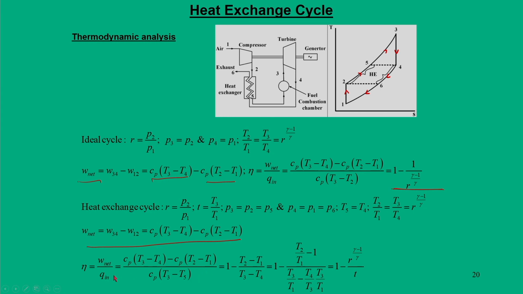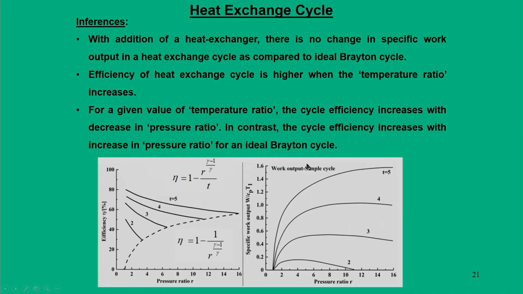And finally, when you calculate the cycle efficiency, it is now a function of R and T, whereas in a simple cycle the cycle efficiency is a function of only the pressure ratio. So, these two things are different with respect to the heat exchange cycle. Now, let us see when you plot them.